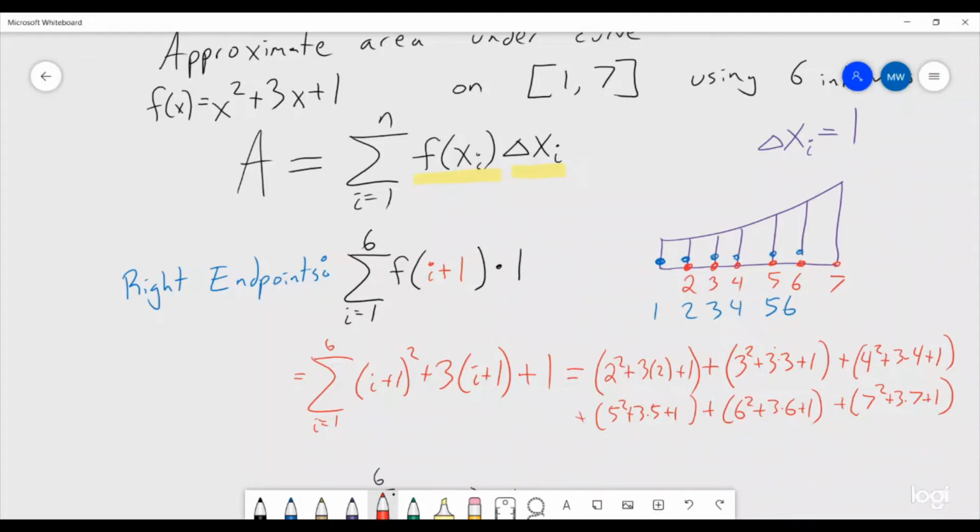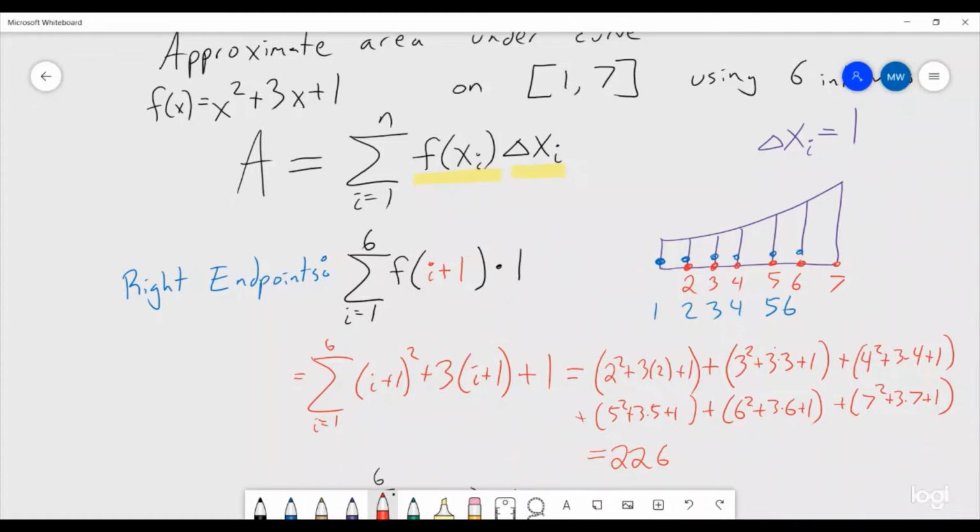And if we add all of those up, we get that this is equal to 226.